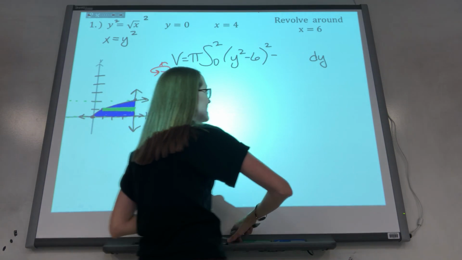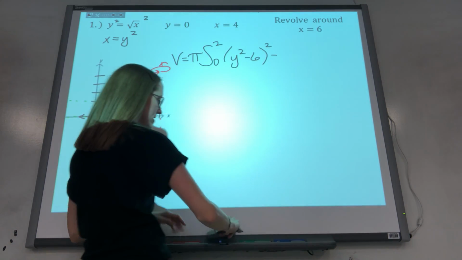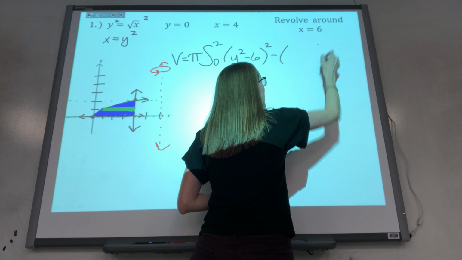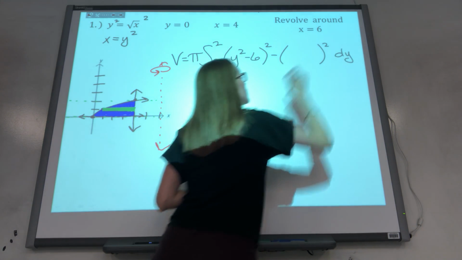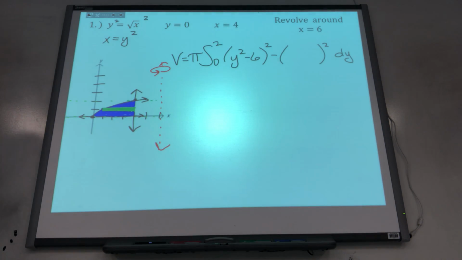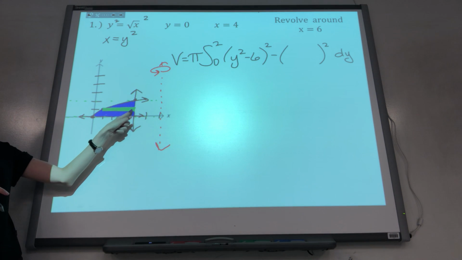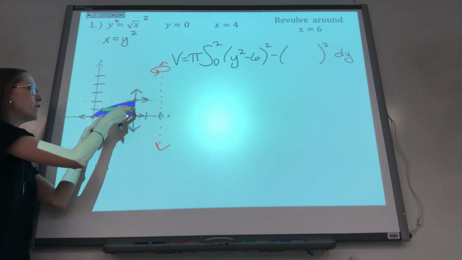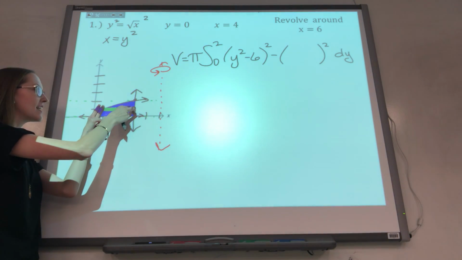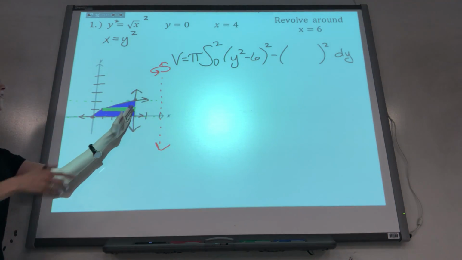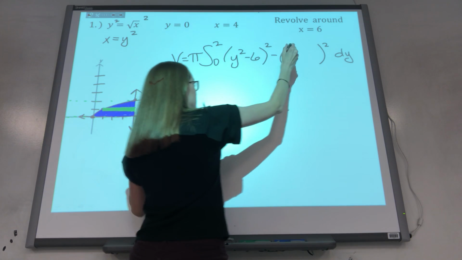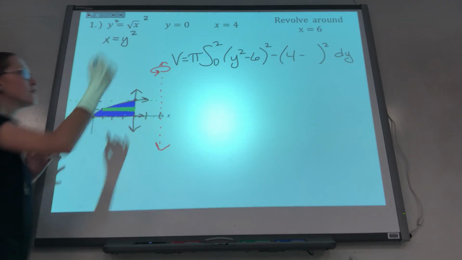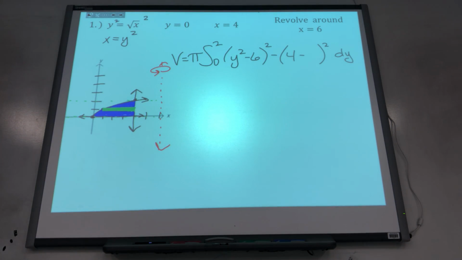Okay, minus, may have to scoot that down a little bit, the inner radius squared. Okay, this right here, if I spin this around, this part forms the inside of the washer. That function is 4, just 4. It already had x out front.